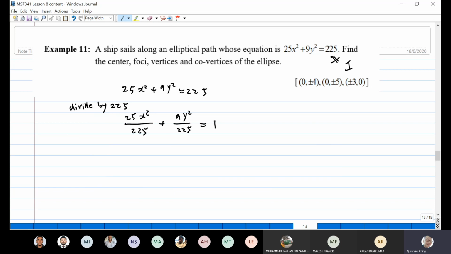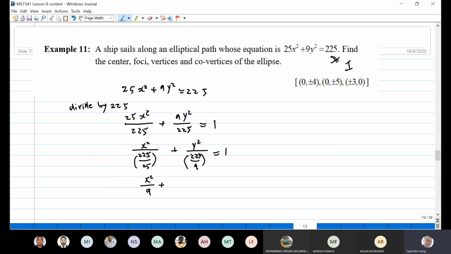Then you can arrange the equation: x squared over 225 over 25 plus y squared over 225 over 9. 225 over 25 gives x squared over 9.